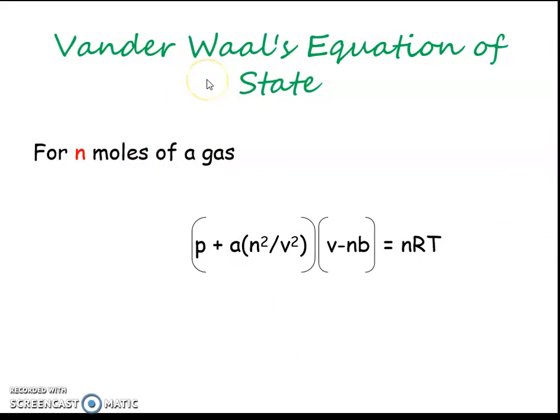Hence, the van der Waals equation of state becomes: for n moles of ideal gas, it was PV equal to nRT, but for n moles of a real gas or van der Waals gas, the equation becomes (P plus a n square by V square) into (V minus nb) equal to nRT.